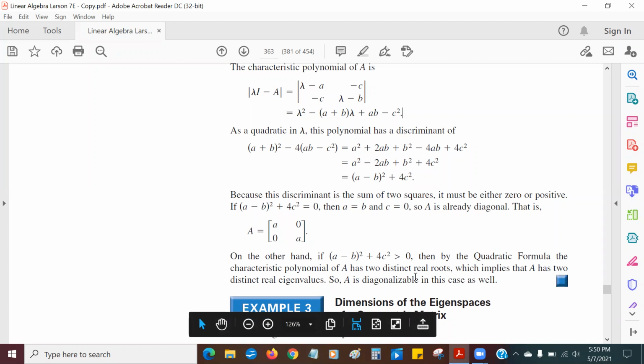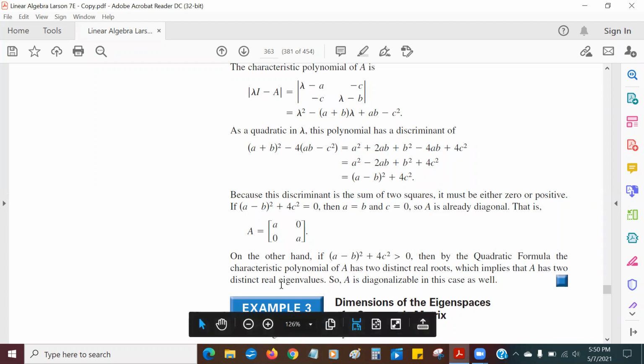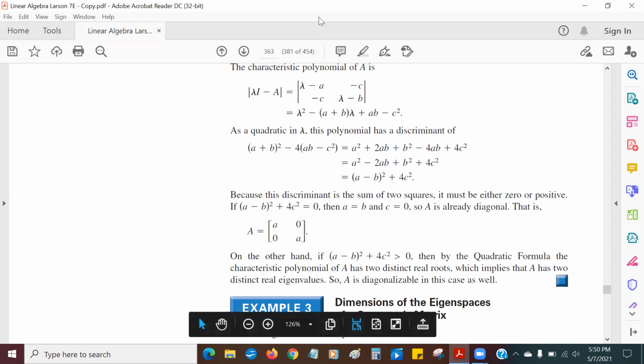But we proved earlier, in the last section, that if you have two distinct real roots for a 2 by 2, that means there are two distinct real eigenvalues. And if it's two distinct real eigenvalues, we also proved it's going to be diagonalizable in that case as well. So it's all done. This proof, by the way, is the simplest of them all because it's a 2 by 2 matrix, but that's the way it is. And it's all very awesome.